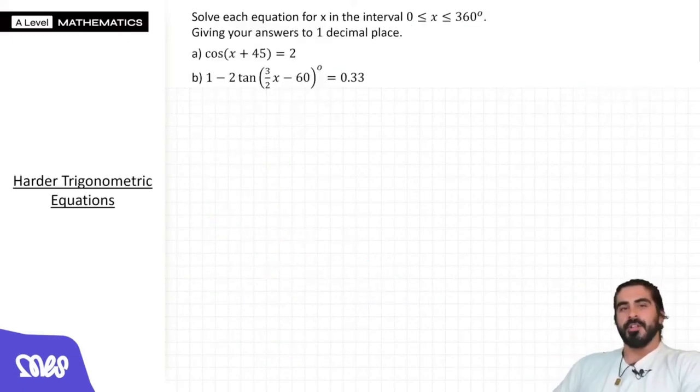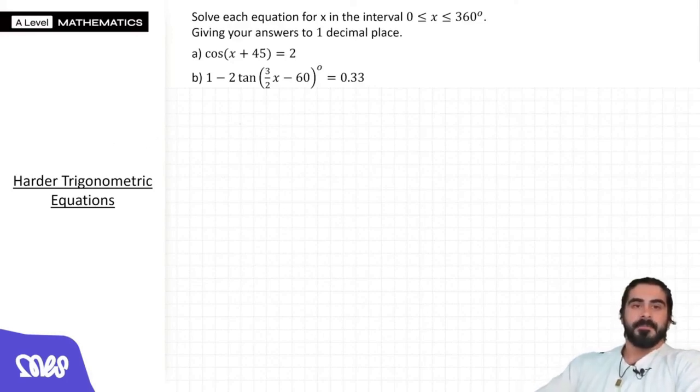Okay, so 2 more questions. Solve each equation for x in the interval between 0 and 360. Give your answer to 1 dp. Now there's one extra thing that we need to be careful of. Cos of x plus 45 is, okay, that shouldn't say 2, that should say a half.